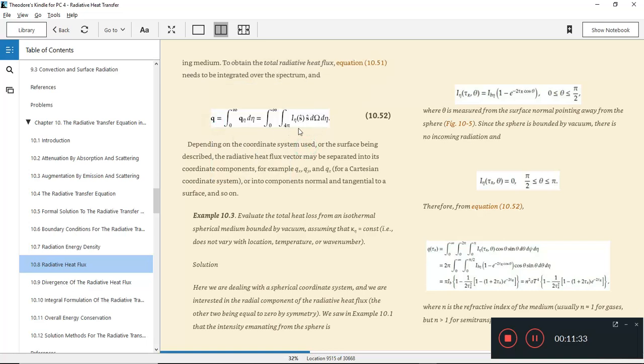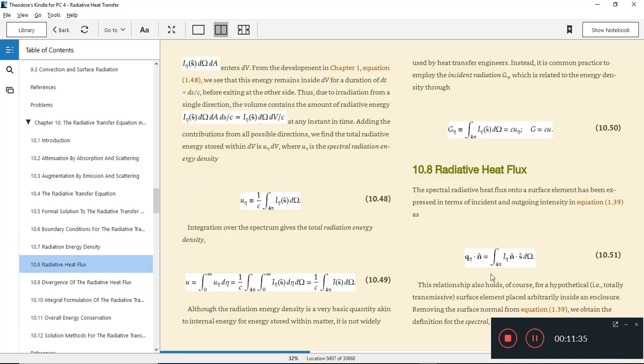It is equal to this bit here. Right? Yes, 10.51. Perfect. Can you see the heat flux vector? Heat flux vector is this bolded Q with dot product with the n. Likewise, it is this over here, integral over 4 pi n hat dot s hat d omega.